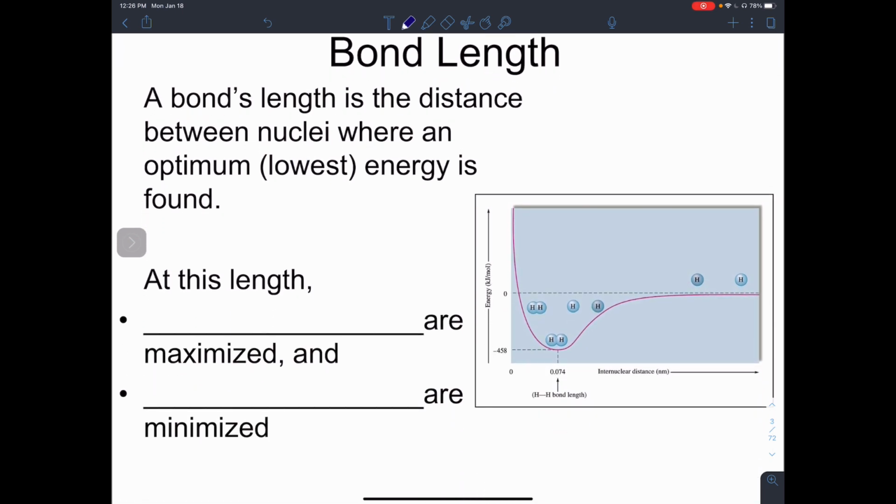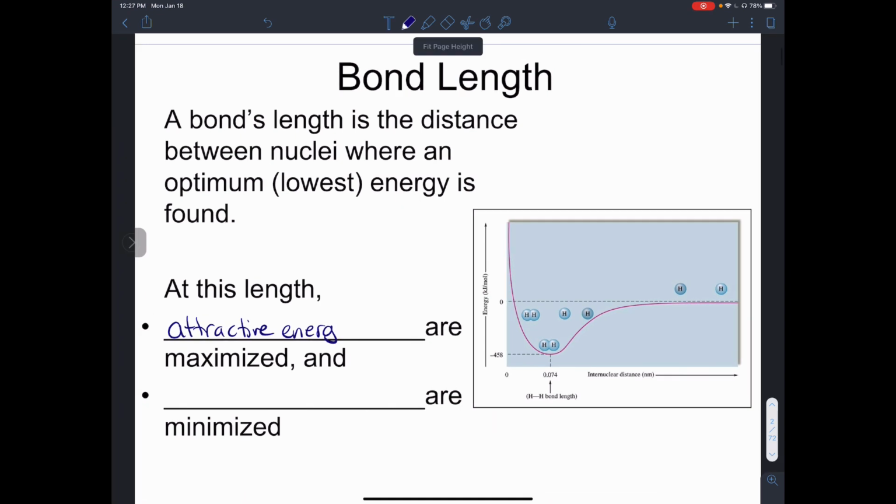A bond's length is the distance between nuclei where an optimal energy is found, right? At this length, attractive energies are maximized and repulsive energies are minimized.